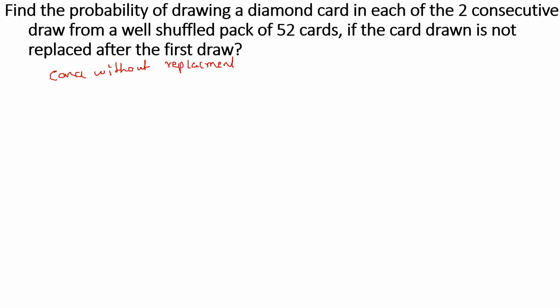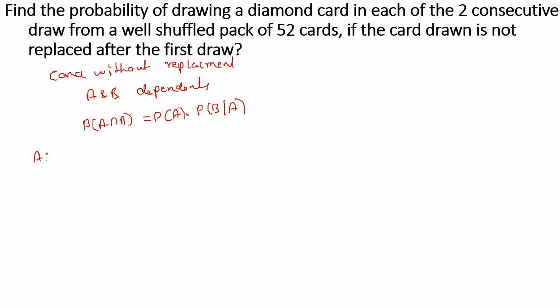Therefore, the events are dependent. So, probability that both the events will happen will be probability of A into probability of B given A.